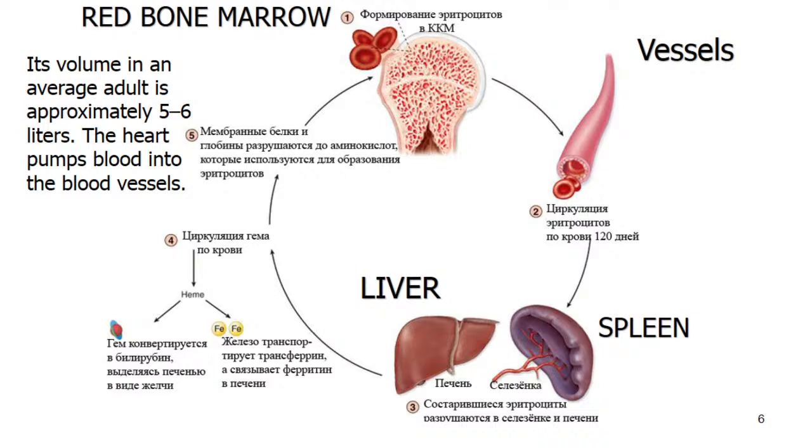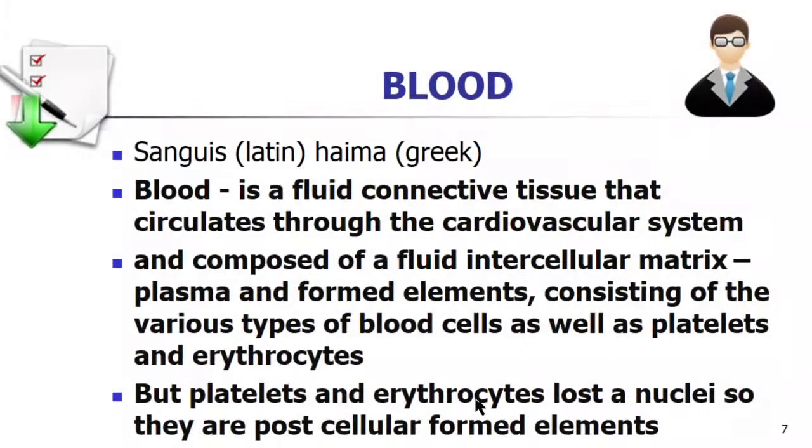But this renewal of the population is a function of the stem cells in the red bone marrow. So this whole system provides the normal function of blood. What is blood?